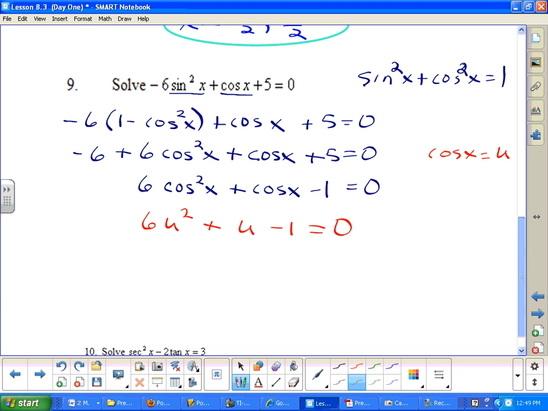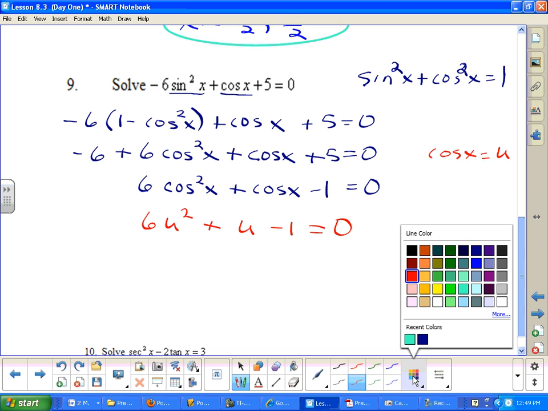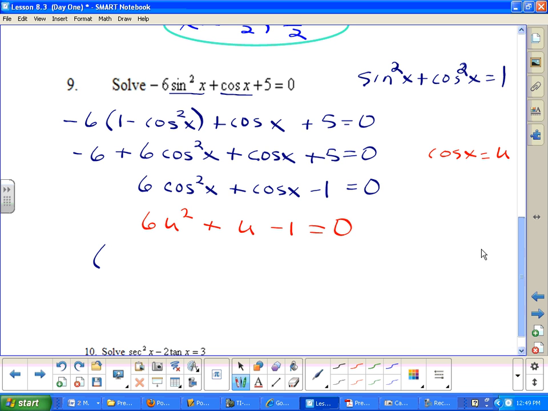When I combine them with that negative 1, can I get positive 1? 3 and 2. So this is going to be 3 cosine of x minus 1 and 2 cosine of x plus 1 equals 0. Okay. So instead of putting u's here, put my cosine back in there.